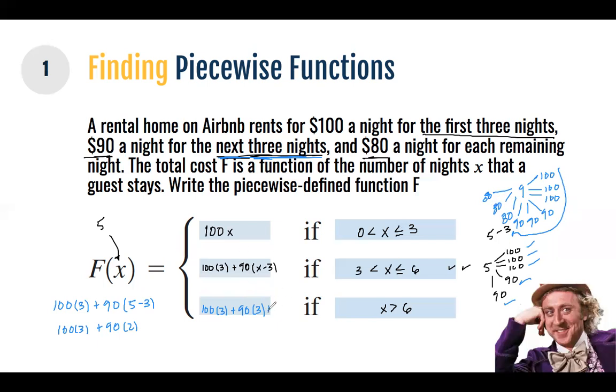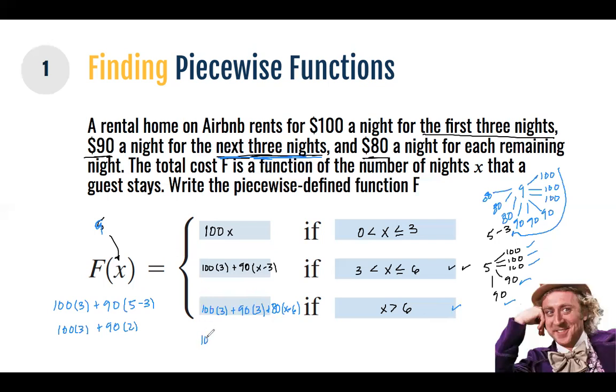So this new price, 80, is going to be multiplied by X, and because I have to consider those 6 nights that I already paid, it's going to be X minus 6. So let's try with those 9 nights that we have in that example. So 9 is greater than 6, so this condition is going to be met.